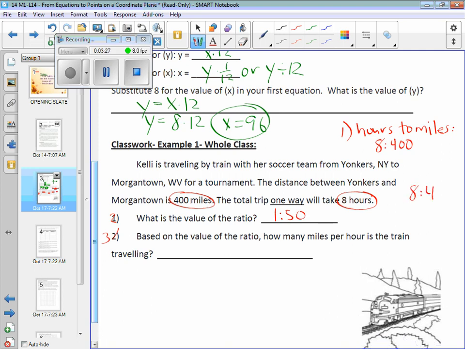This is like a rainbow. 8 goes into both. 8 divided by 8 is 1, or 1 times 8 is 8. 400 divided by 8, or 50 times 8 gets you 400. Value is always like a fraction, reducing it to lowest term, simplest form. Therefore, this is telling you that the train travels how many miles in 1 hour? 50 miles per hour.